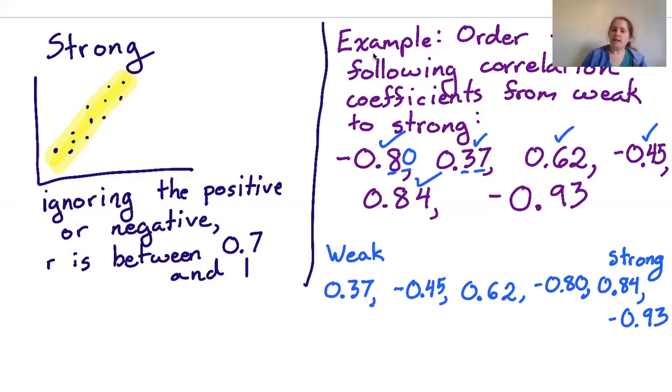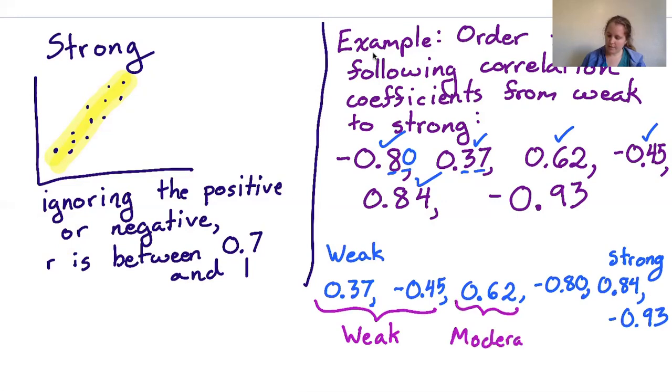So if I were to classify these, 0.37 and negative 0.45 would both fall in my weak category. 0.62 is on its own in the moderate. And then those last 3 all fall under strong.